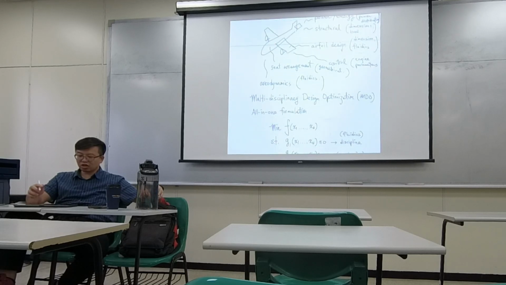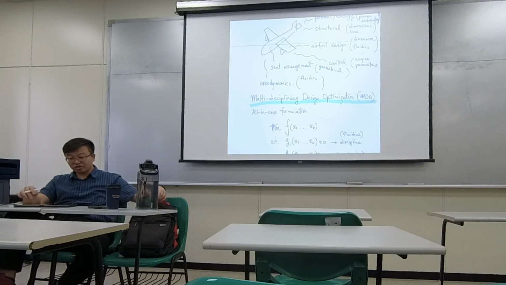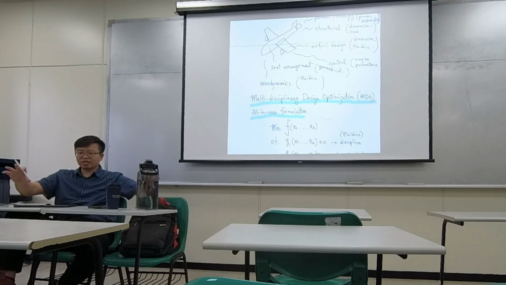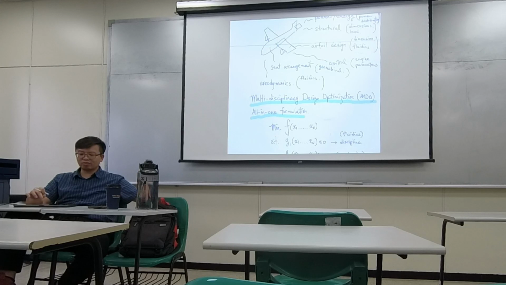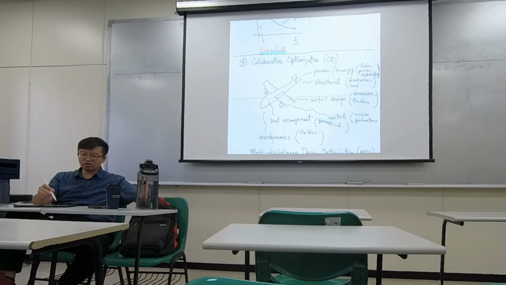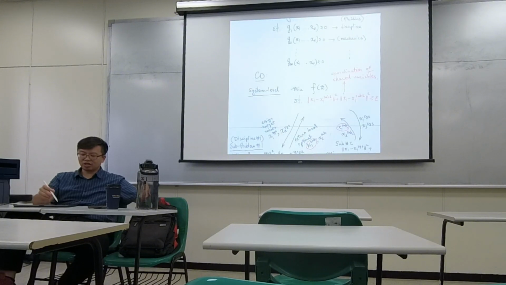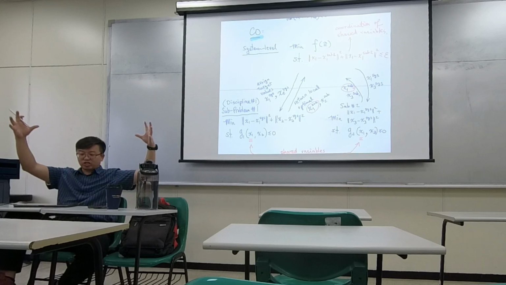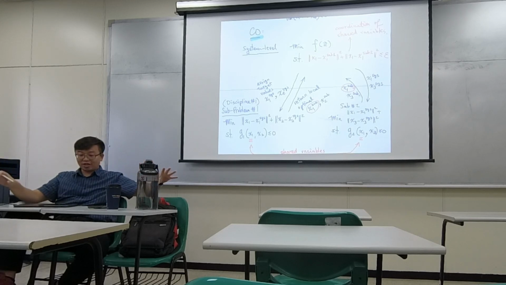And we also talk about this MDO, multidisciplinary design optimization, to avoid, if in reality you cannot do this all in one formulation, people try to separate this problem into multiple smaller problems. One approach is called the CO, collaborative optimization. So basically, they separate this big chunk of problem into smaller ones.